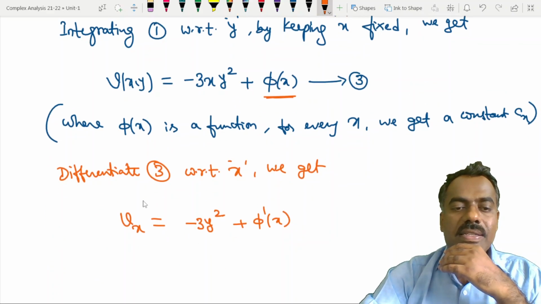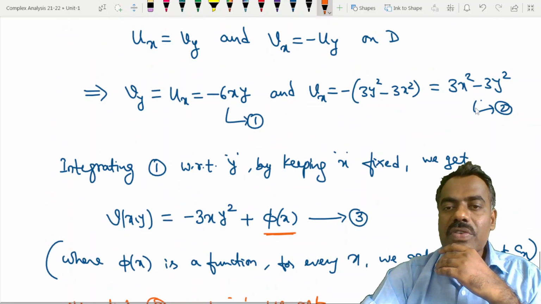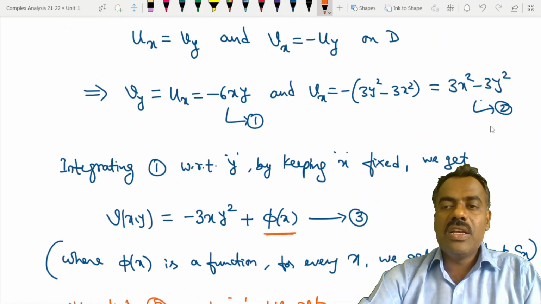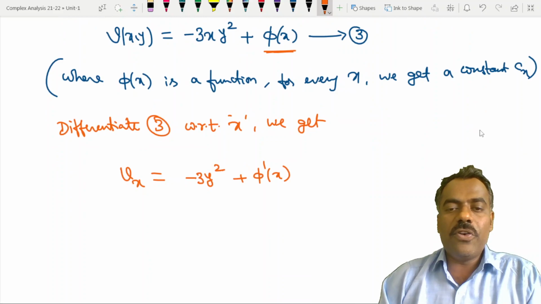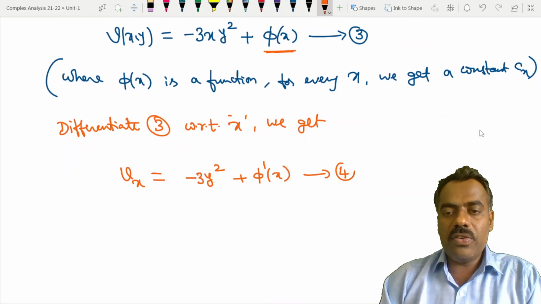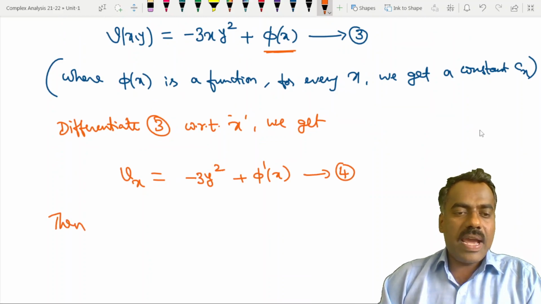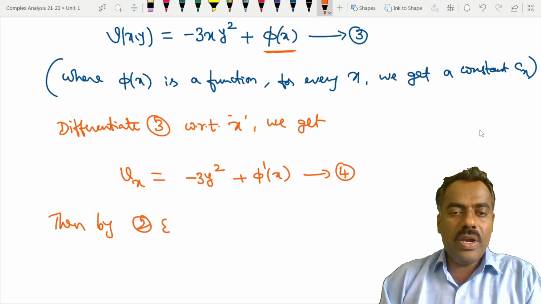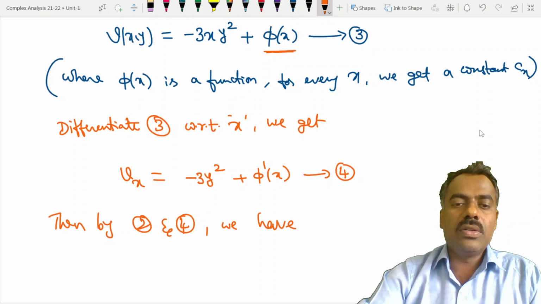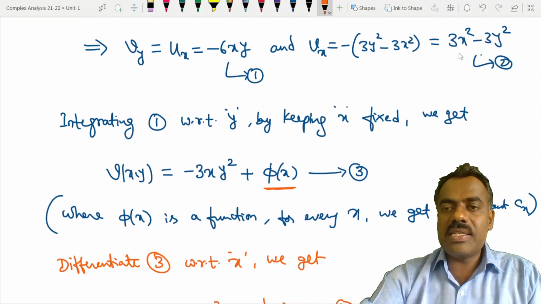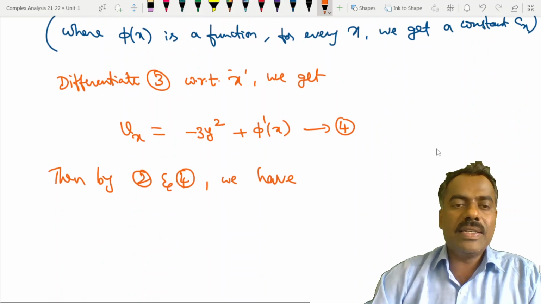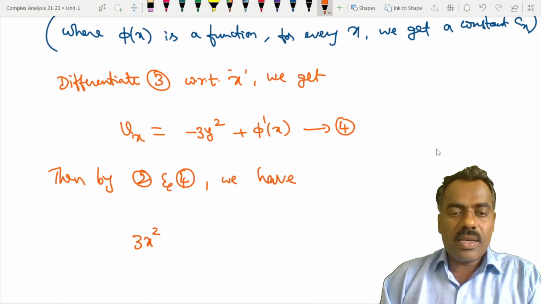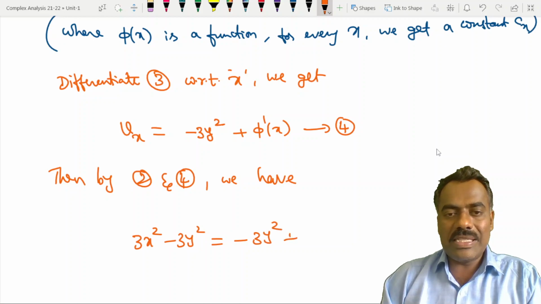So this is supposed to be Vx, and we already have an exact value for Vx. So if we call this 4, then by 2 and 4 we have, because this is equal to this, Vx is 3x square minus 3y square, which is equal to minus 3y square plus phi dash of x.